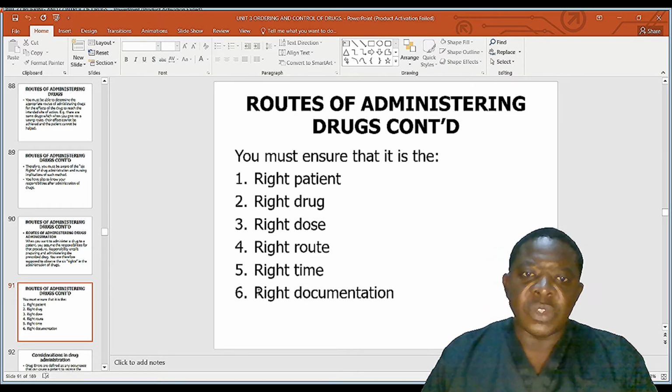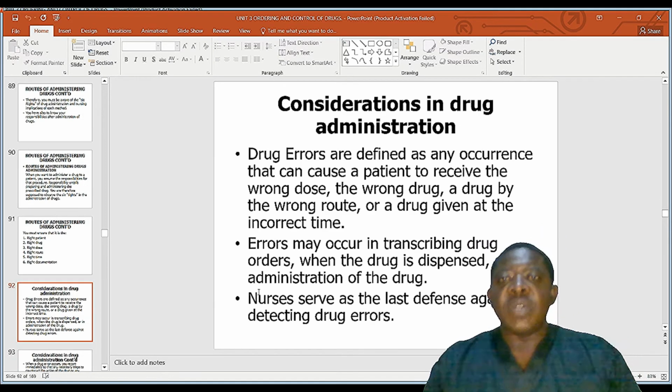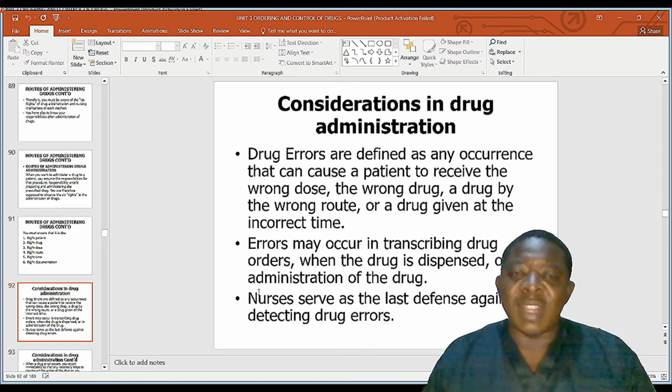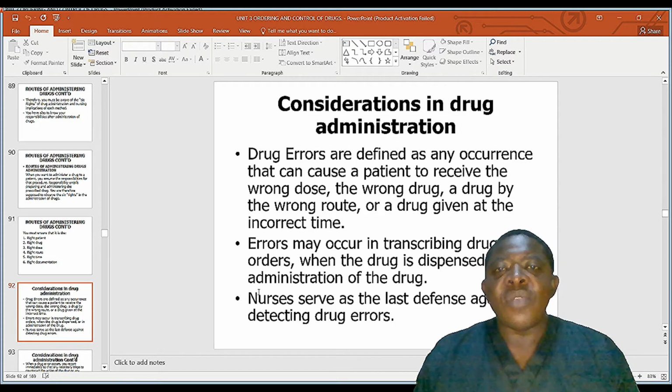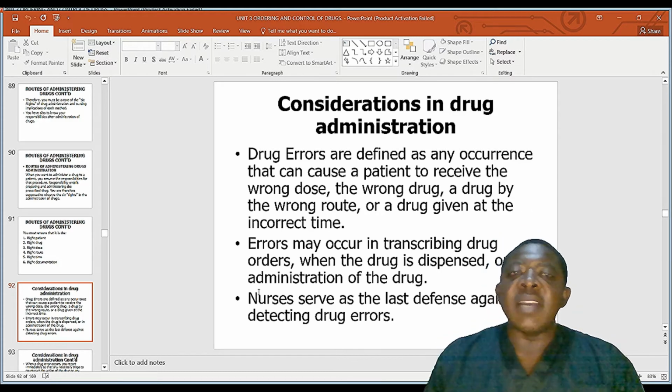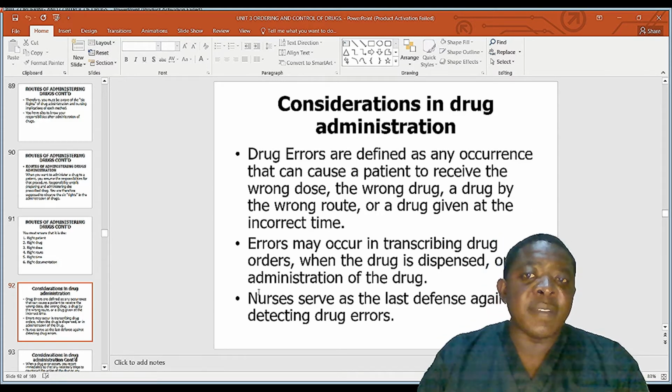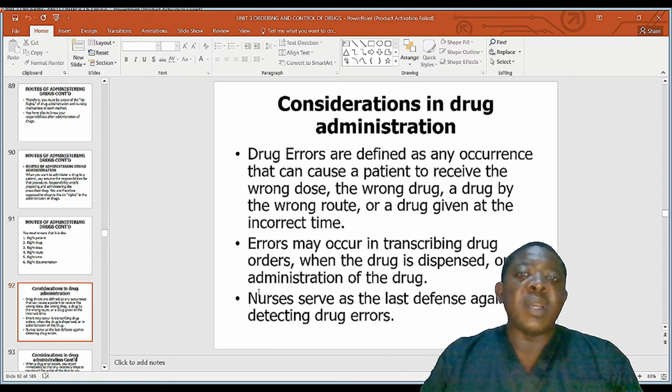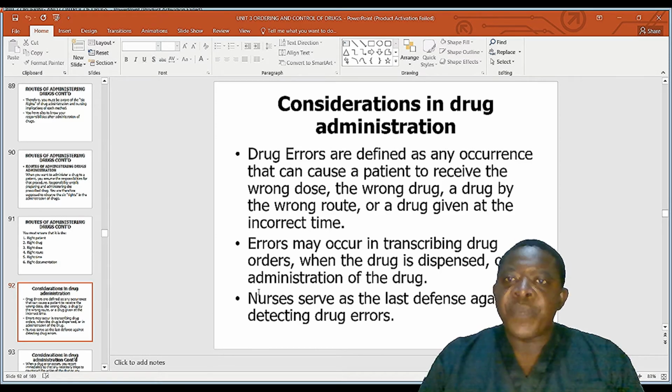So that constitutes that. Considerations in drug administration also include drug errors, which are identified as any occurrence that can cause a patient to receive the wrong dose, the wrong drug, a drug by the wrong route, or a drug given at the incorrect time.